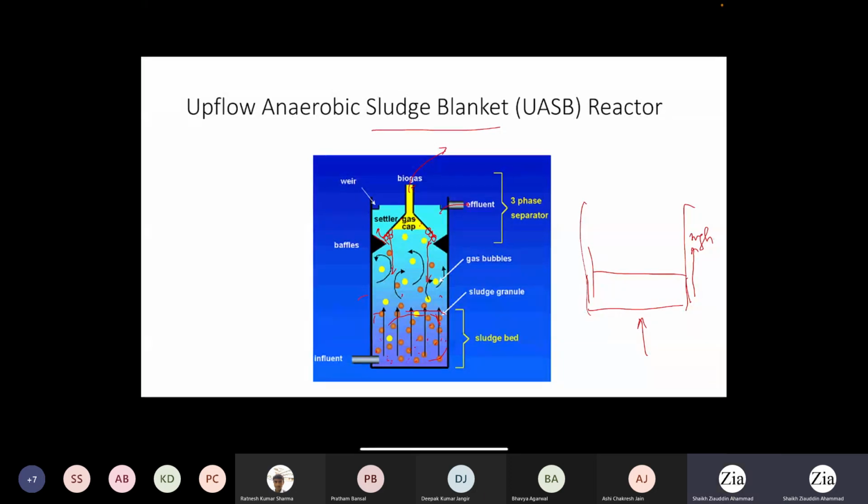So in UASB, mostly we get influent from the bottom of the reactor, and at the top we'll have a three-phase separator where gas, solid, and liquid will get separated and move through different channels.